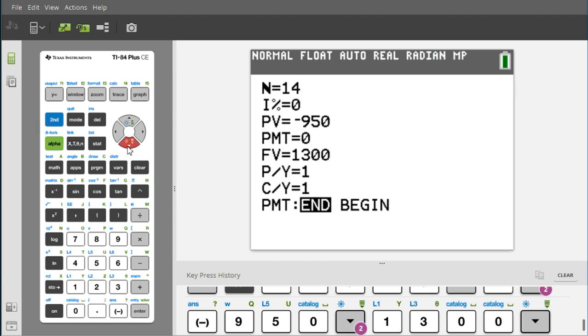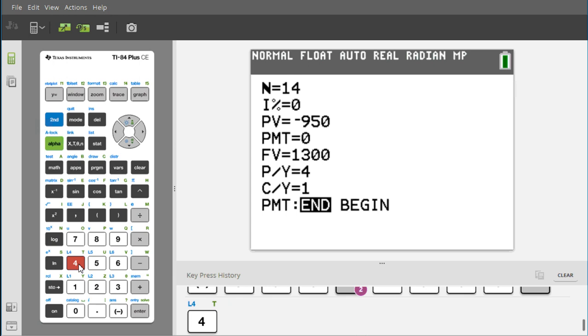Now for P/Y, the number of payments made per year, well, that would be 4, although in this case, each of those payments is 0. And the number of compounds per year, well, that's going to be 4 as well, because it's compounded quarterly.